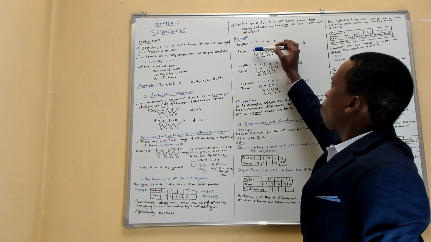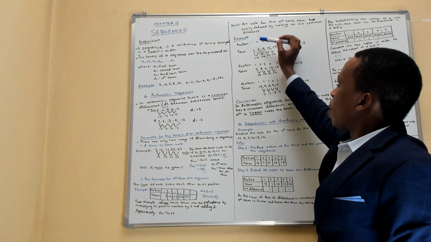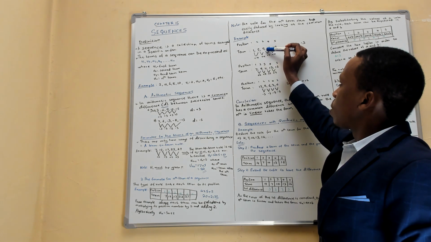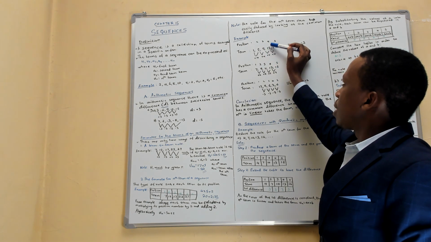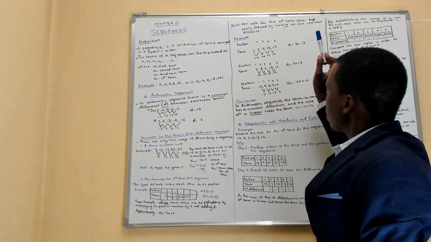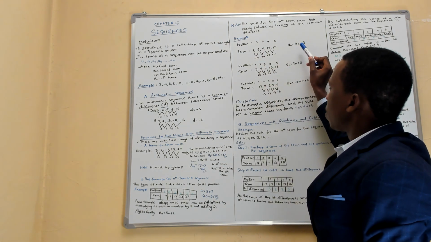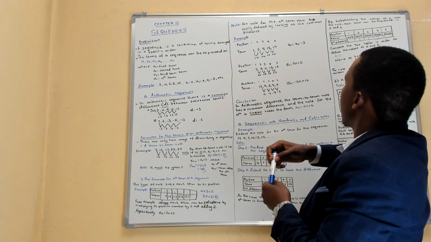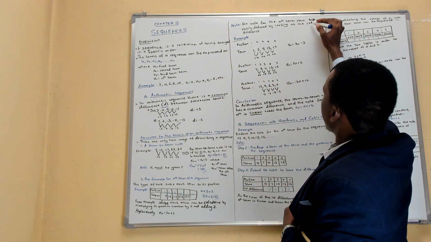So the position of 1 is 1, the position of 5 is 2, the position of 9 is 3, the position of 13 is 4, the position of 17 is 5. If I want to get the nth term rule here, I simply look at the common difference.